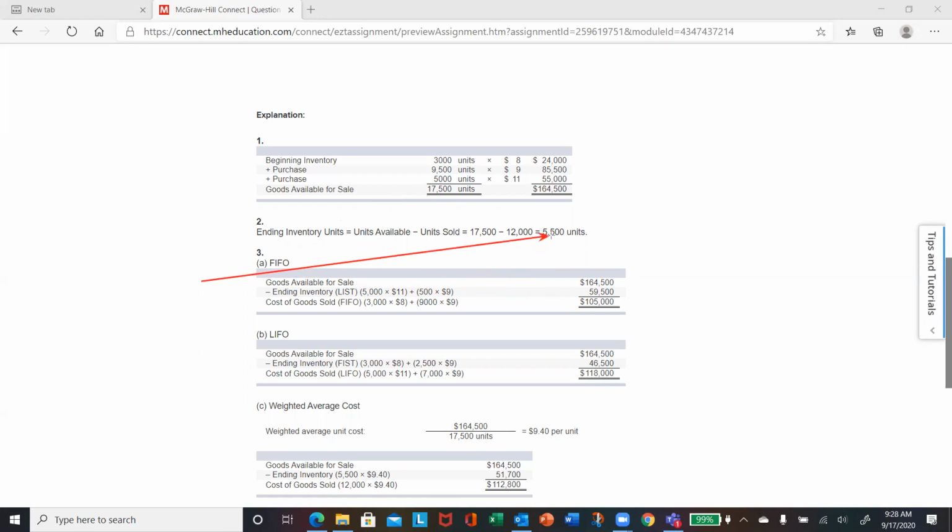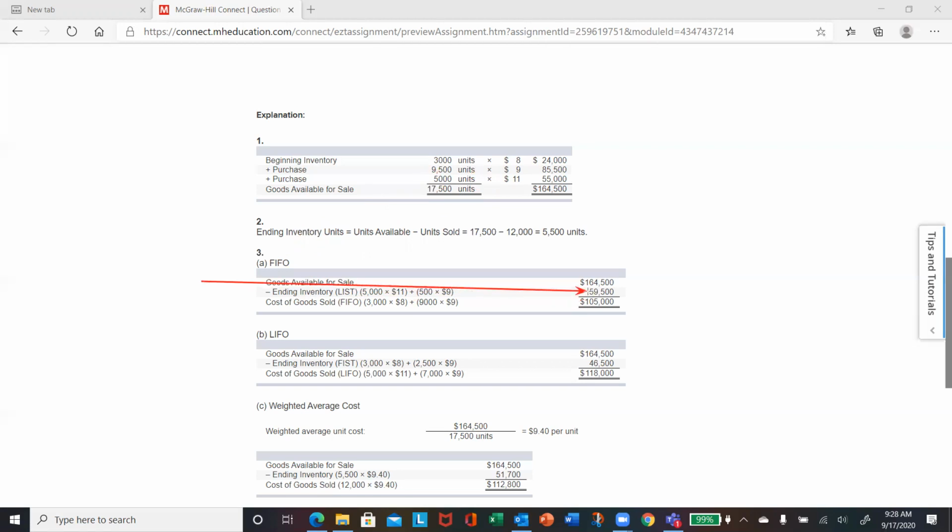The ending inventory is actually 5,500 units. So it's 5,000 units at 11, and then 500 units at 9. I don't know why I said 7. So there's your ending inventory.